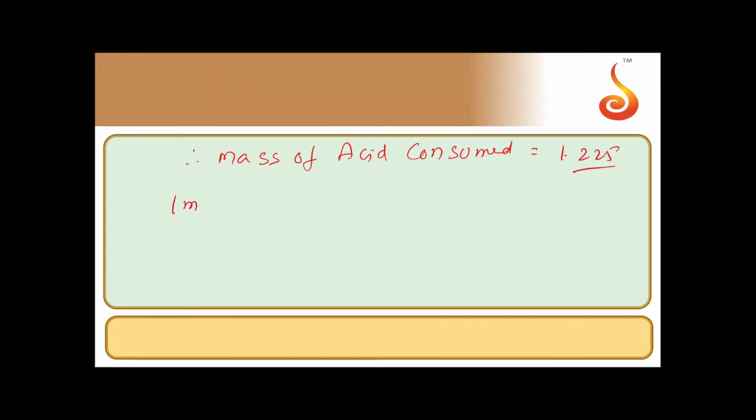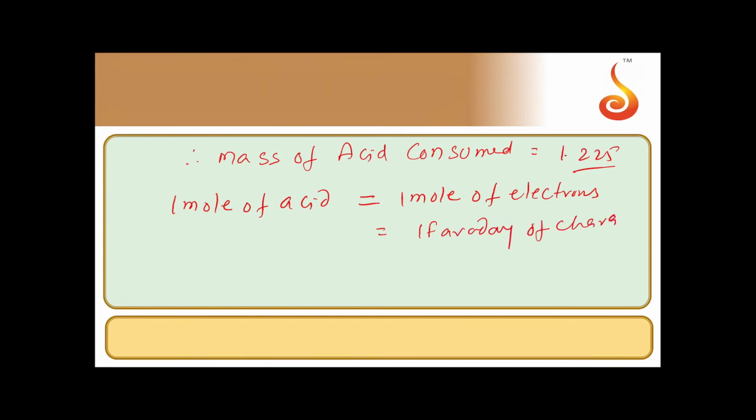And we know that 1 mole of acid consumed gives 1 mole of electrons from the equation. 1 mole of electrons means 1 Faraday of charge. Therefore, the number of Faradays that left the anode is equal to 1.225. That is the answer.